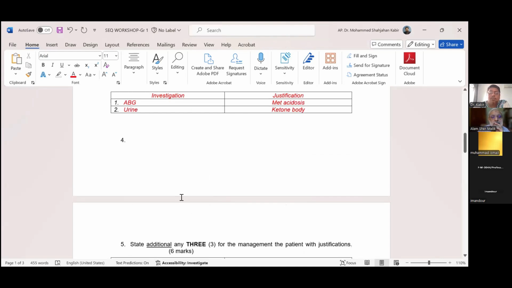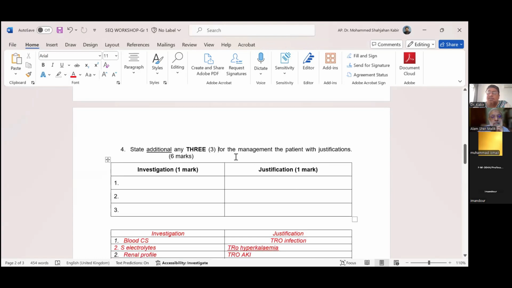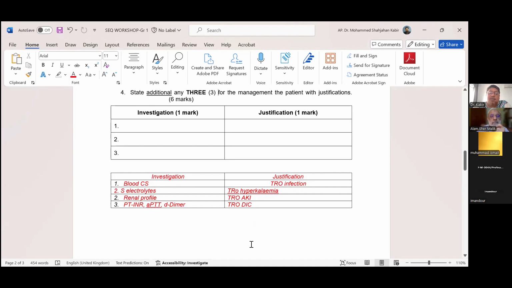Then state any 3 additional investigations for the management of the patient with justifications. We are expecting any 3 of these: blood culture to rule out infection, serum electrolytes to rule out electrolyte imbalance, especially hyperkalemia, and renal profile to rule out AKI.